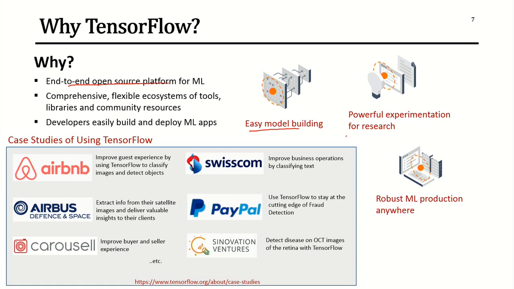And next, it also gives us powerful experimentation for the research field. And last but not least, it can run robust machine learning production anywhere. And also, these show the case studies of using TensorFlow. There are many larger companies which use TensorFlow technology to improve their services and products.